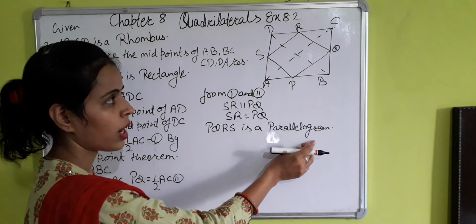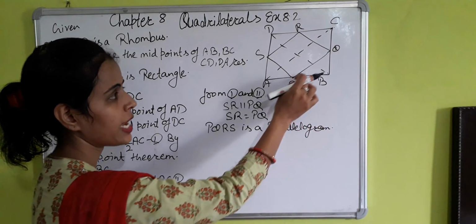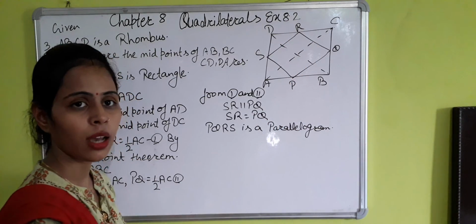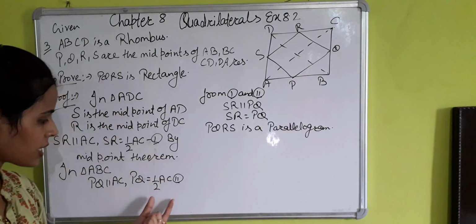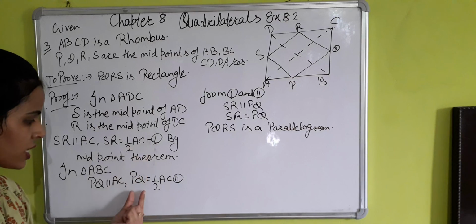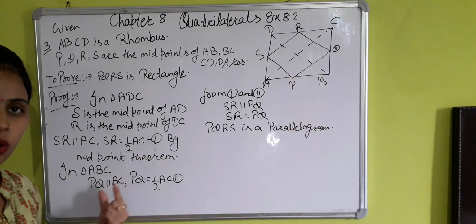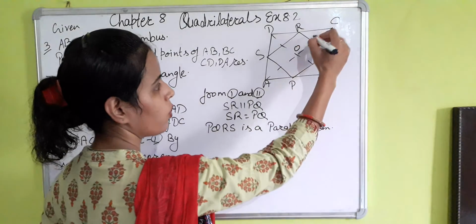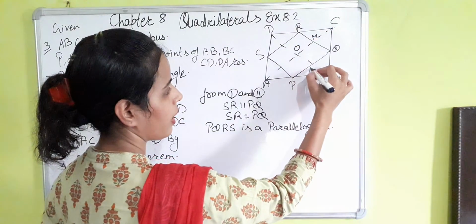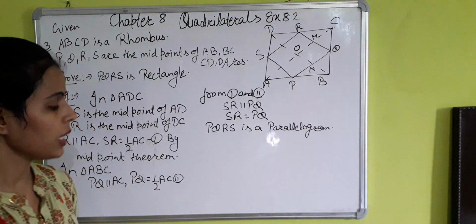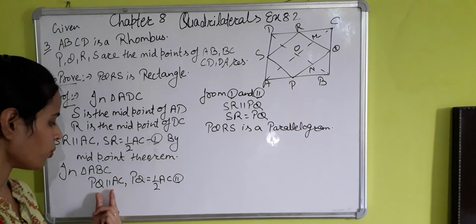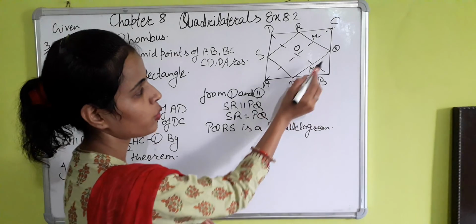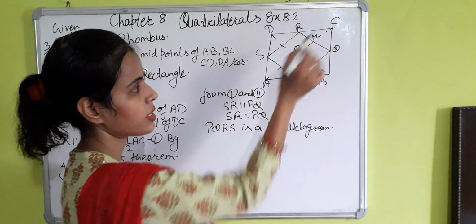PQRS is a parallelogram. Then this line PQ is parallel to SR, and from these two equations, SR is parallel to AC, PQ is also parallel to AC. Mark this point O, M, N. In equation second, PQ is parallel to AC.